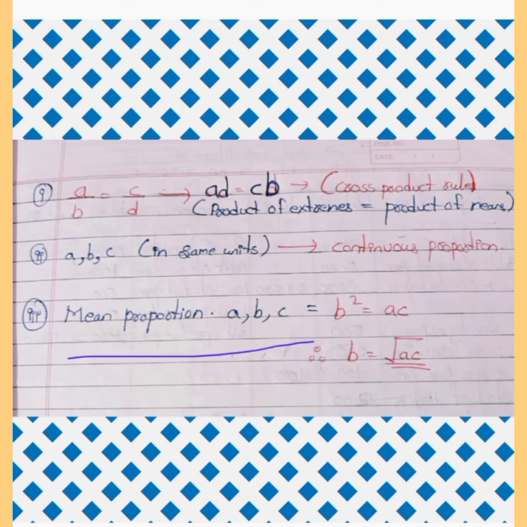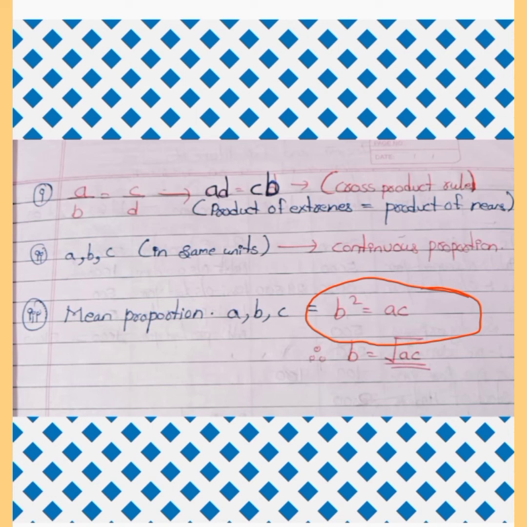Here see mean proportion. Okay, in mean proportion, here I have written B square is equal to AC. When you have been given only three terms, A, B and C, then you have to just do B square is equal to AC.